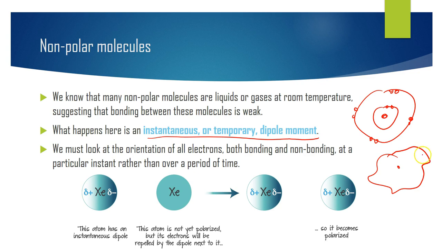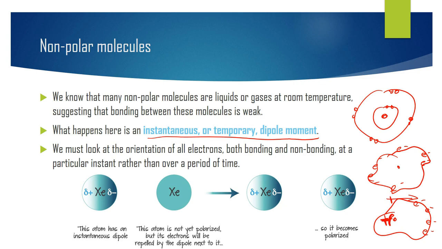If all my electrons are buzzing around and evenly distributed, but because they move randomly, at any one point in time all my electrons might jump over to one side, which means this positive nucleus is now exposed. All this positive charge is exposed and all the negative charge is over here. So realistically, we would have a dipole.